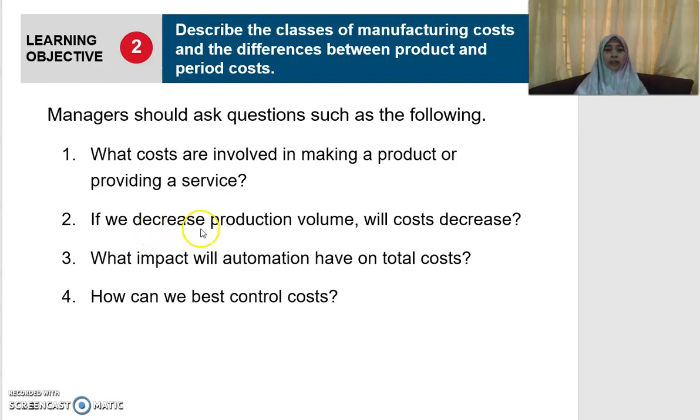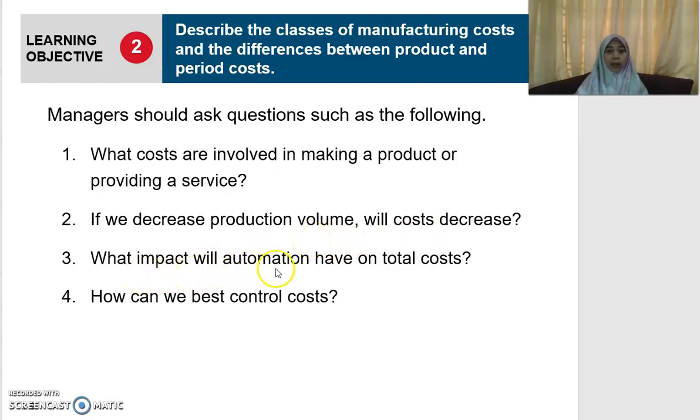If we decrease production volume, will it cause a decrease in cost? What if you reduce the quantity that you produce, let's say from 10,000 to 8,000? Will your cost reduce? You need to consider this.